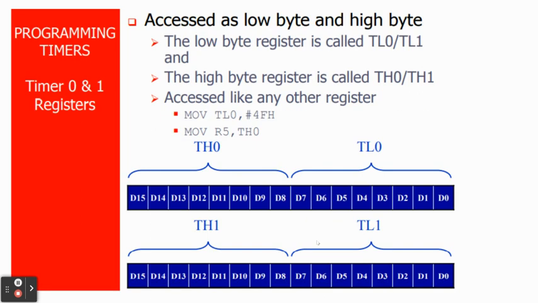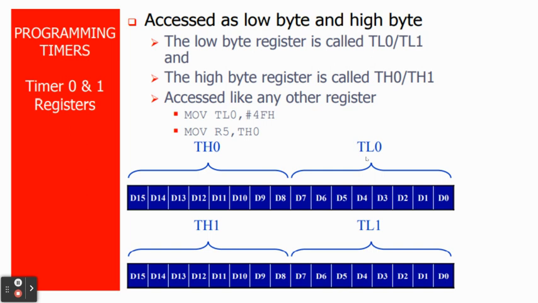As you can see here in this figure, we have D0, D1, D2 up to D15. So this is data 0 up to data 15. All in all, we have 16 data bits. Data 0 to data 7, or these 8 bits, will be called the lower byte for timer 0.